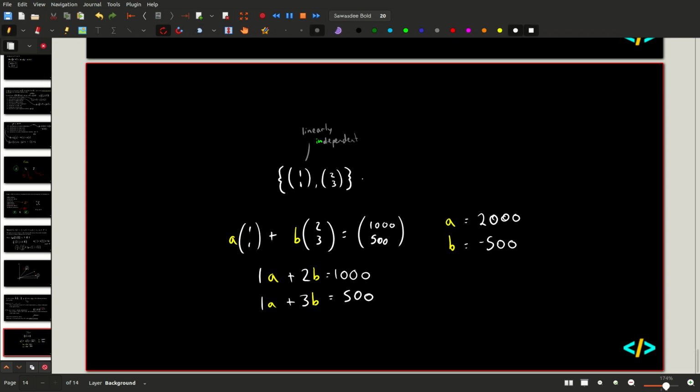If we have these two linearly independent things, would this form a basis over, let's say, the set of integers?